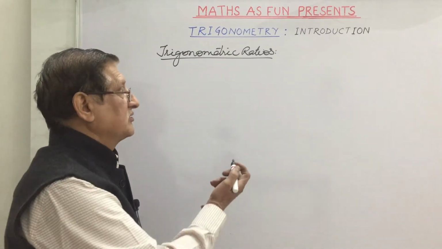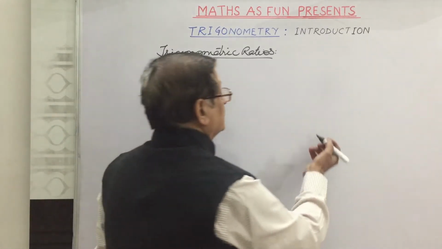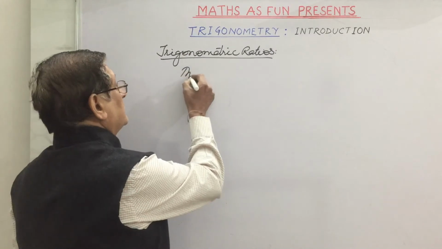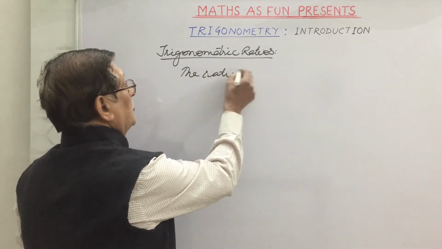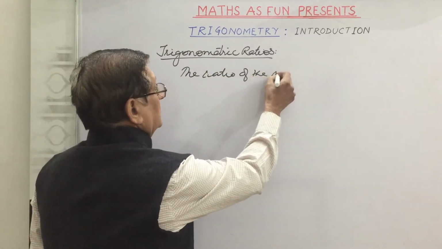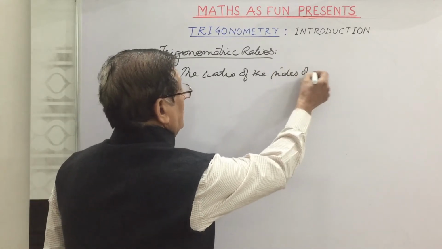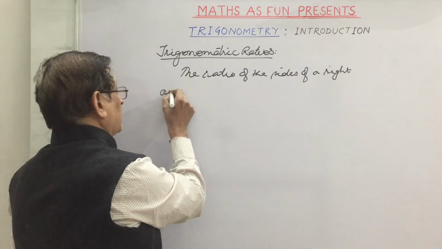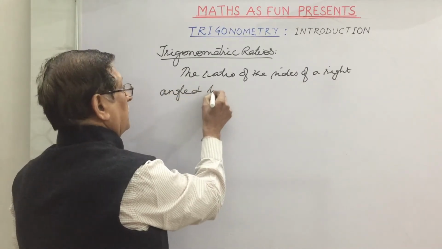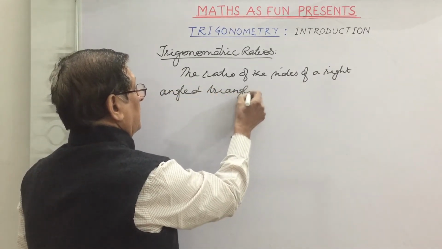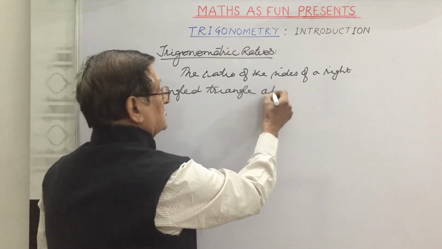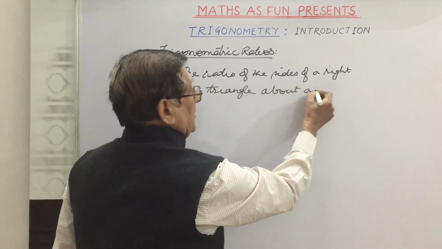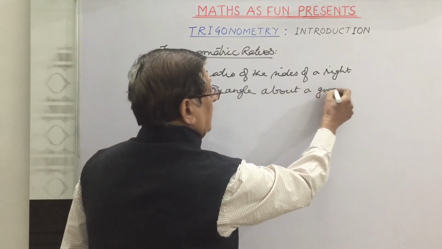What are these trigonometric ratios? Trigonometric ratios are actually the ratios of the sides of a right angle triangle about a given angle.